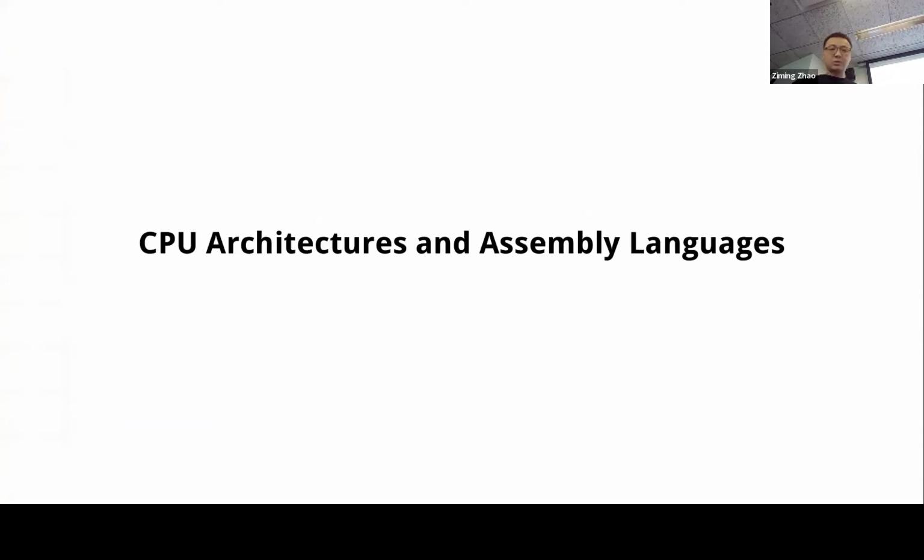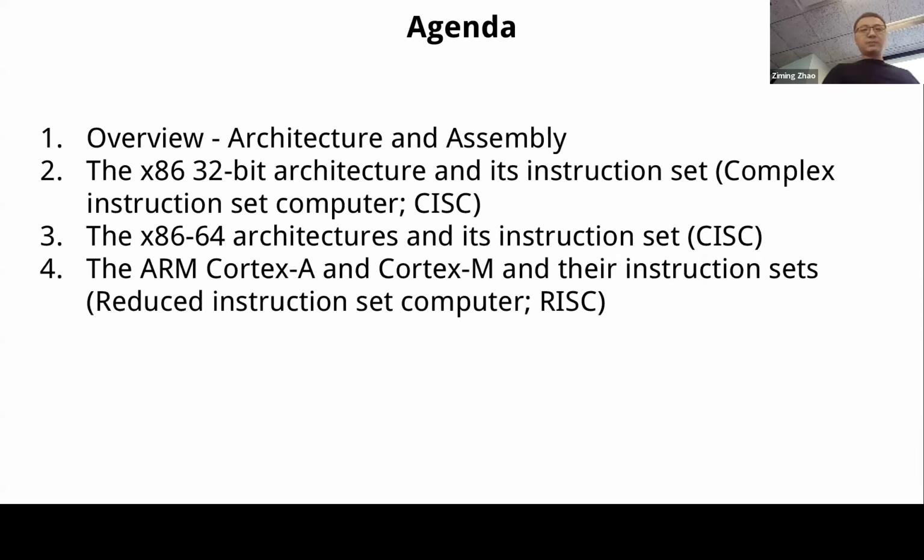So today we will talk about CPU architectures and also assembly languages. We will take a close look at two architectures, actually this week, not just today: x86, which is 32-bit, and also x86 64-bit.